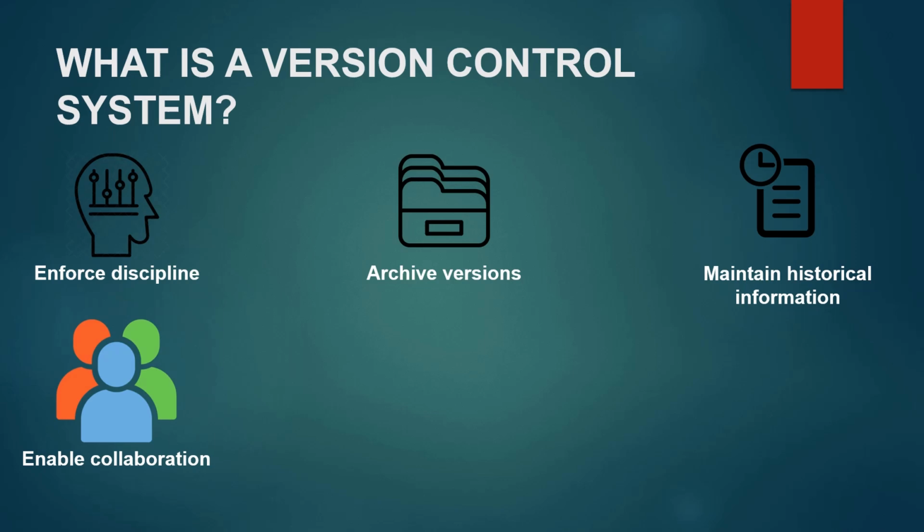Obviously, having a central repository in which all these items are stored enables collaboration. So people can more easily share data, files, and documents through the use of a VCS.